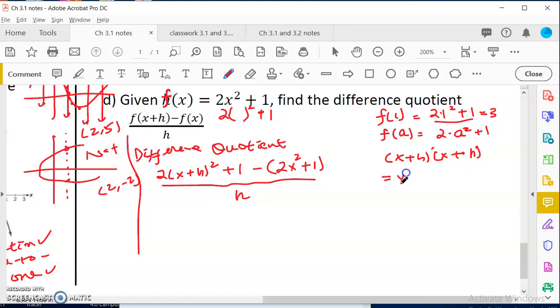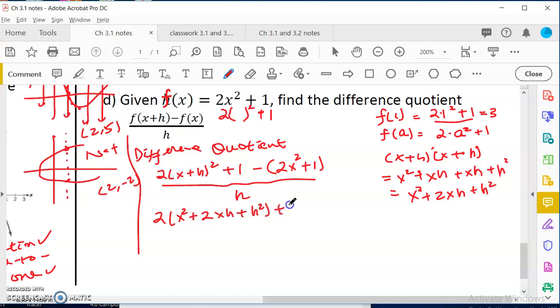So that would be x squared plus xh plus xh plus h squared, which equals x squared plus 2xh plus h squared. It's very strange. It has two variables, but you can do it. Then there's a 2 here, so 2 times x squared plus 2xh plus h squared, plus 1.